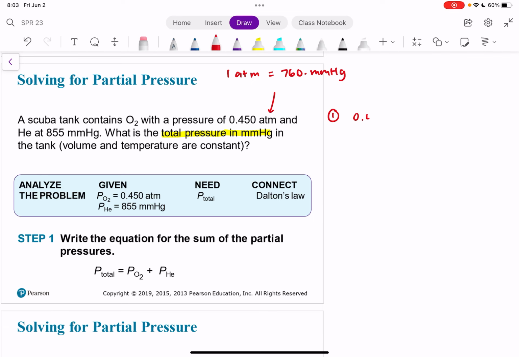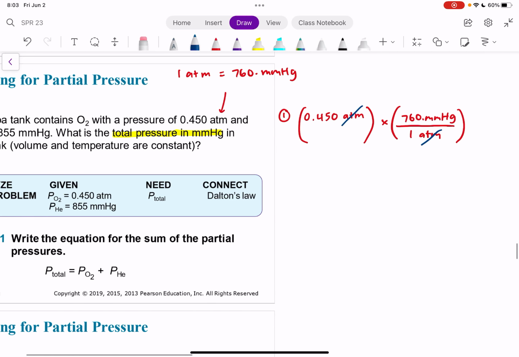So 0.450 atm times, what do we want? ATM on the bottom or the top? Bottom, yeah, we want to get rid of it. So 1 atm equals 760 millimeters mercury. Okay, so we're going to cancel out that ATM.